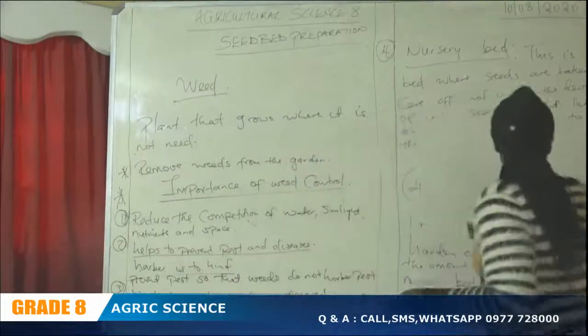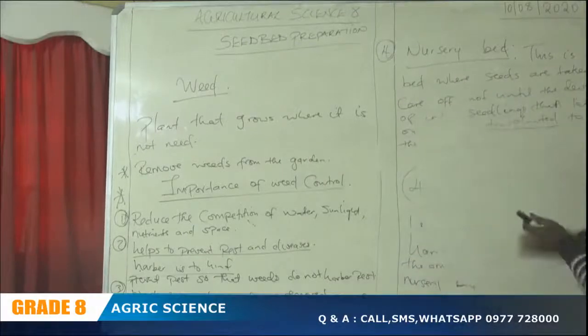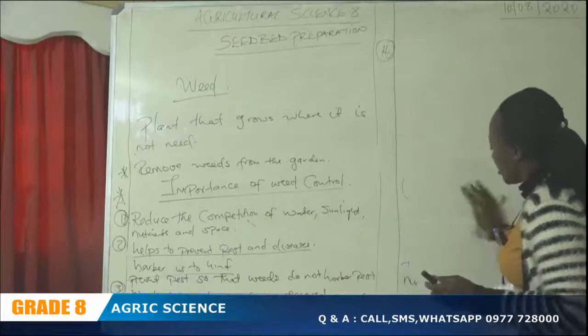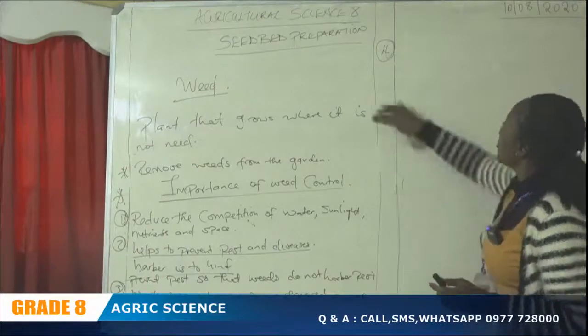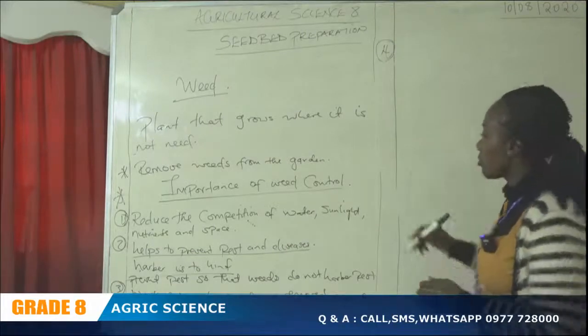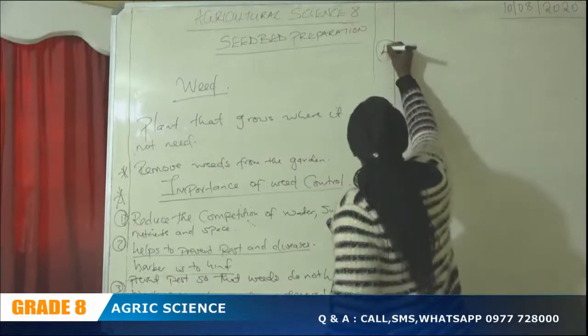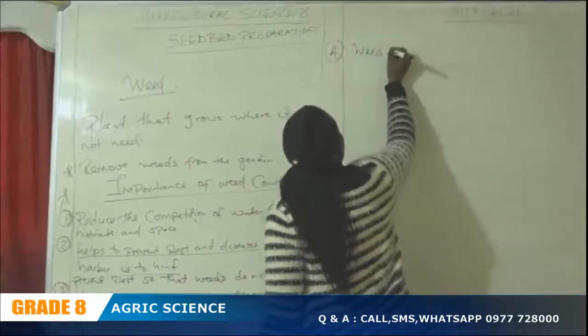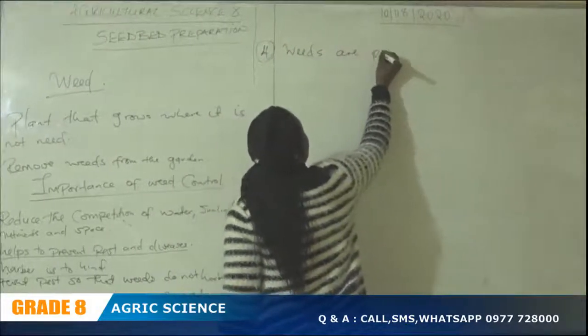So we're going to the fourth point, the fourth importance. My fourth importance is that some weeds are poisonous.